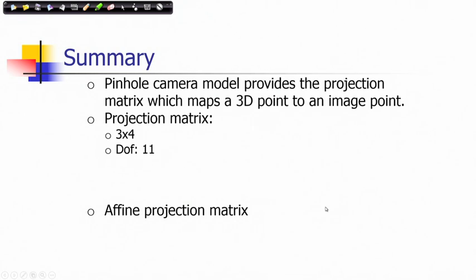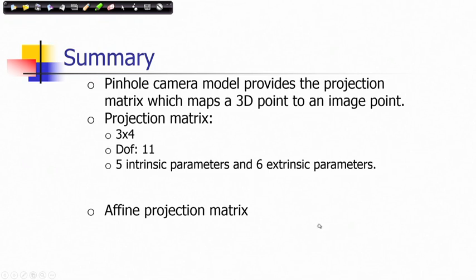That means there are 11 independent parameters. A 3 cross 4 matrix has 12 elements, but since you can scale those elements and still get the same mapping, one of the elements is a scale factor, and the rest are independent of that scale factor.